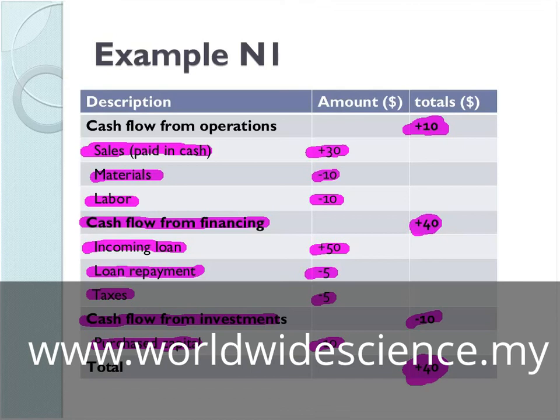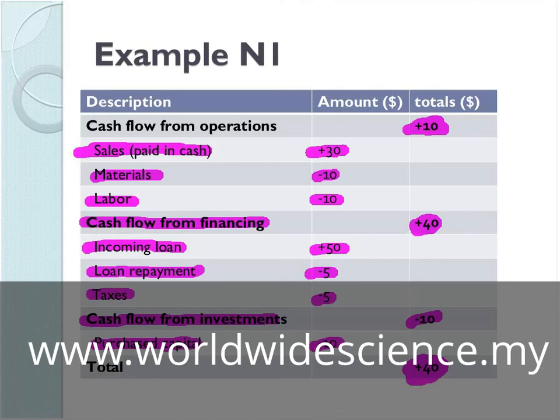Okay, this example is a simple one. So I'll explain to you how we show the cash flow. Some of you asked me how we can recognize whether an item is positive or negative. Let's see. Sales first.